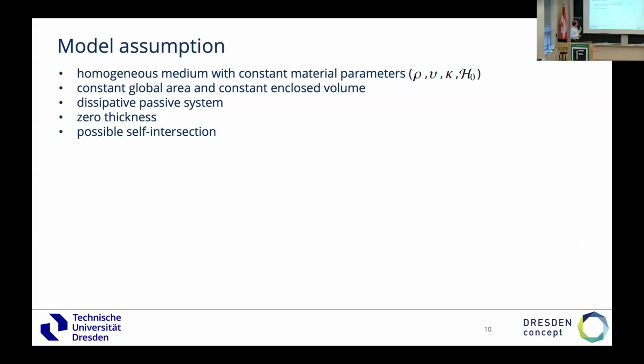We only consider passive systems. Our surface has zero thickness, and our numerical approach even allows for self-intersections. So these are definitely oversimplified for these biological problems, or at least the last thing is also very unphysical. So let's try to get rid of these strong assumptions.